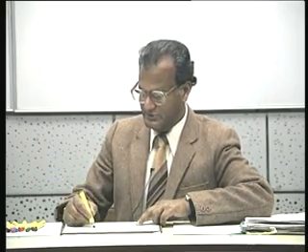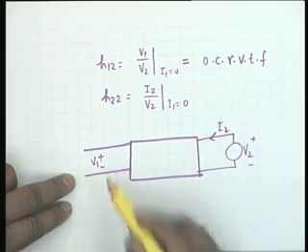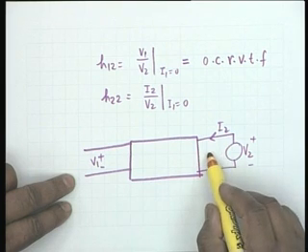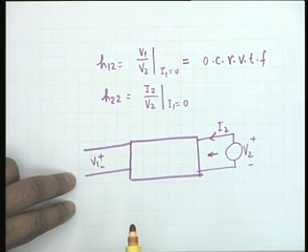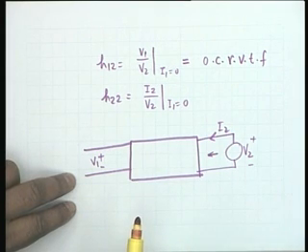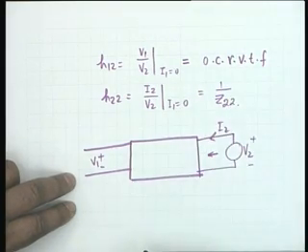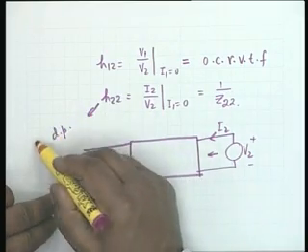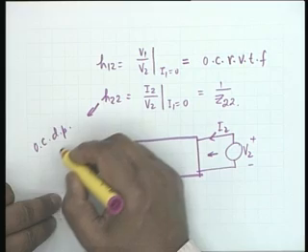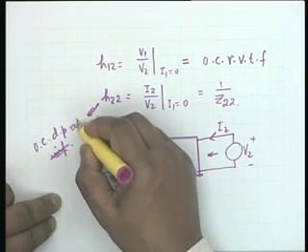And if you look at H22, H22 is I2 by V2 with I1 equal to 0, and therefore, I2 by V2 is an admittance, and this would be simply equal to 1 over Z22. So, H22 is the open circuit driving point admittance function.